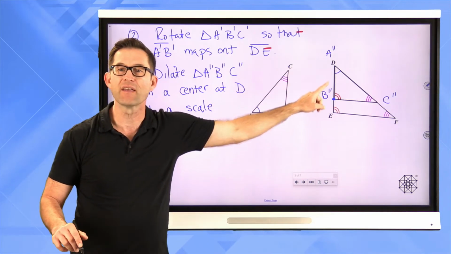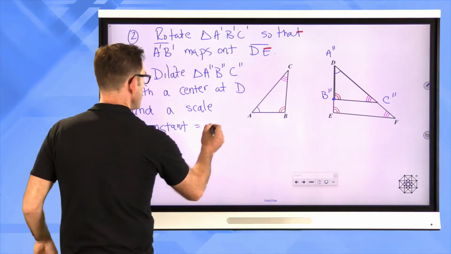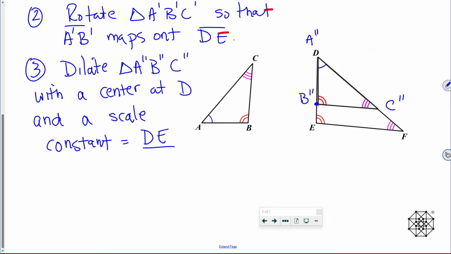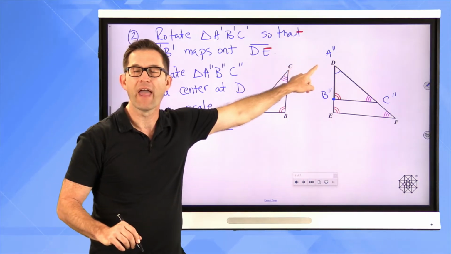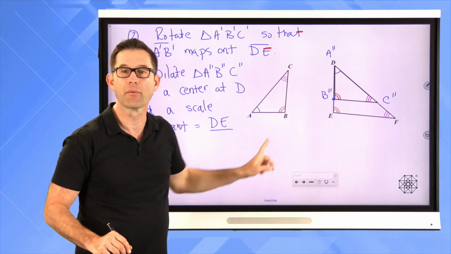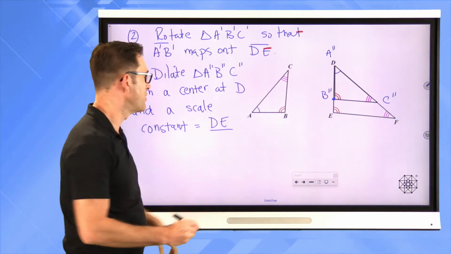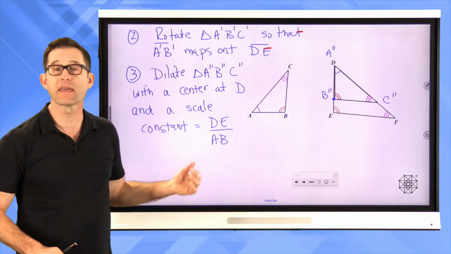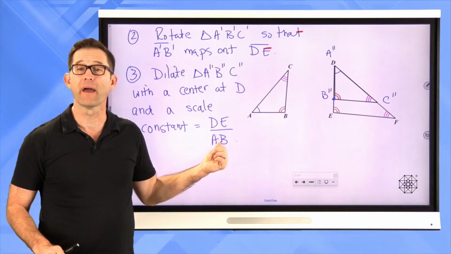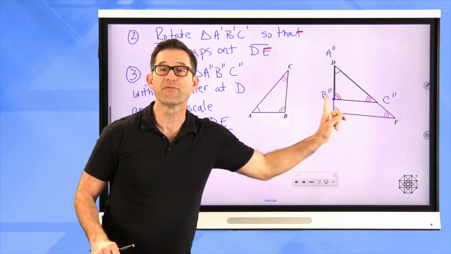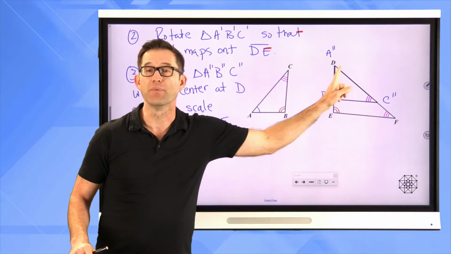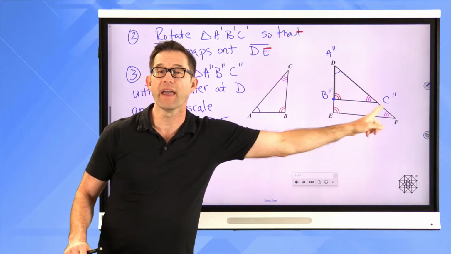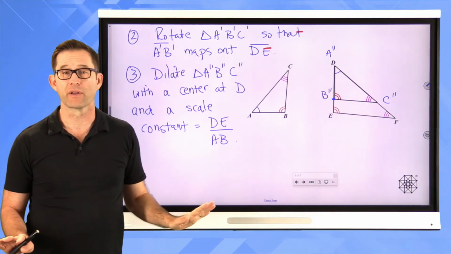I think I'll just take the image length DE divided by A double prime, B double prime, but that's just AB. Again, that scale constant could be DE divided by AB, it could be EF divided by BC, it could be DF divided by AC. Any of those are perfectly good.